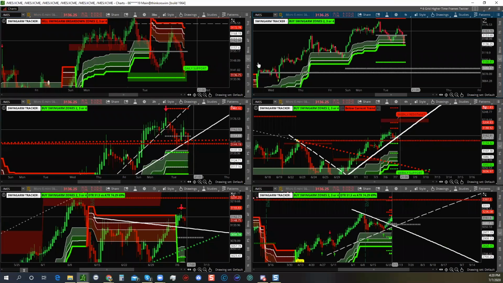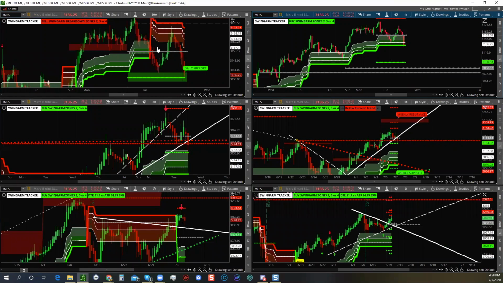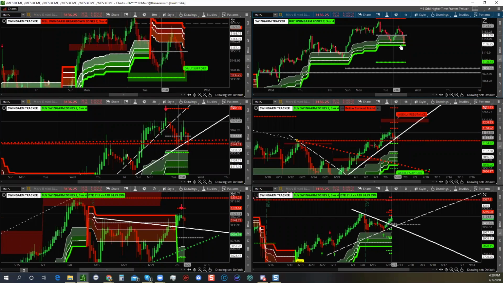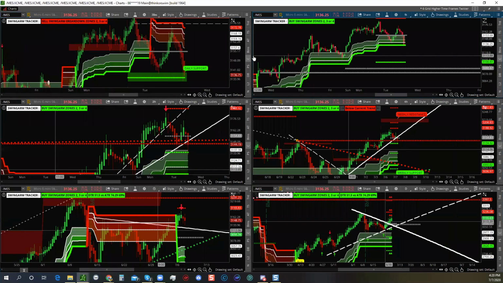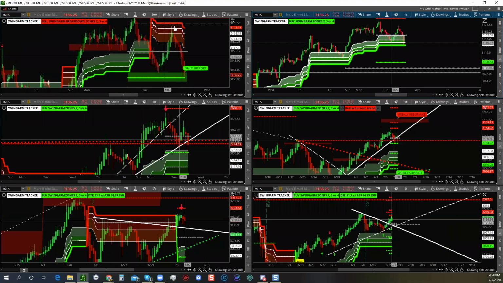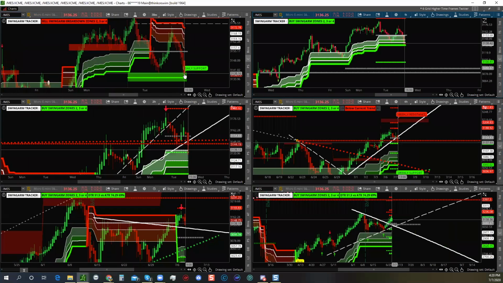Here are the targets. The targets are in front of you. Each of the time frames, the swing arms, and every time frame is giving you the targets. That's why I start with a 6 grid. So we started from support, we went to the target, we came back to support to the target.